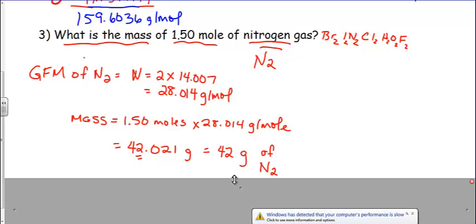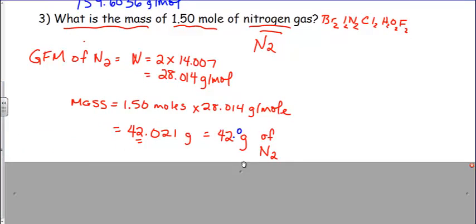I believe it was in Unit 1, okay, on sig figs. When we multiply, it's rounding to the least number of sig figs. So that would be, in this case, 3. So this would be 42.0 grams of N2. So your final answer would be 42.0 grams.